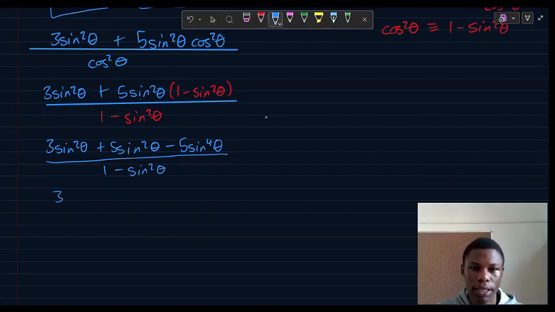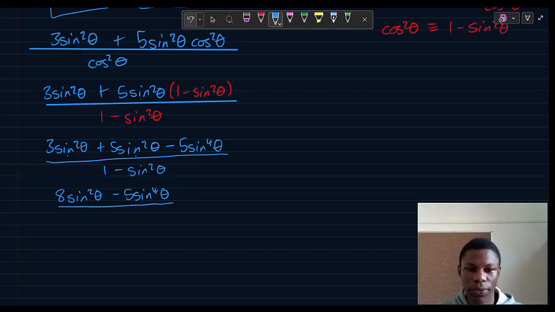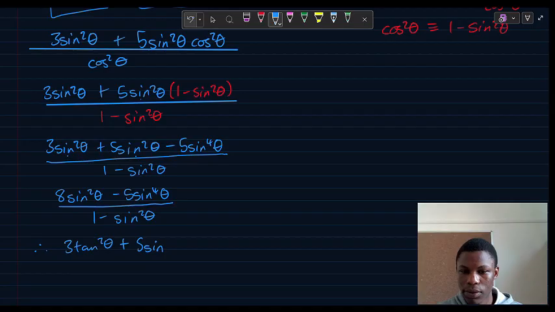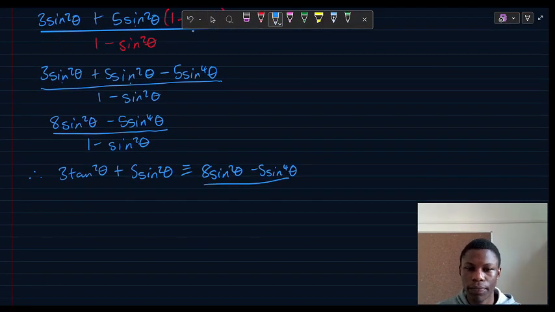And so if we add like terms, we've got 3 sine squared theta plus 5 sine squared theta, 8 sine squared theta minus 5 sine to the 4 theta, all over 1 minus sine squared theta, therefore proving the identity 3 tan squared theta plus 5 sine squared theta is indeed identical or equivalent to 8 sine squared theta minus 5 sine to the 4 theta over 1 minus sine squared theta.